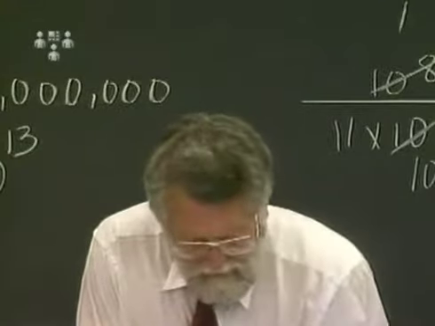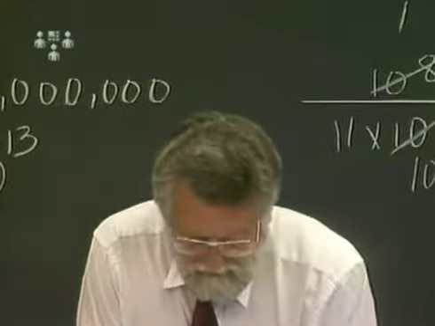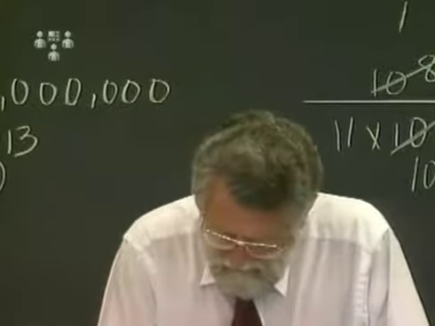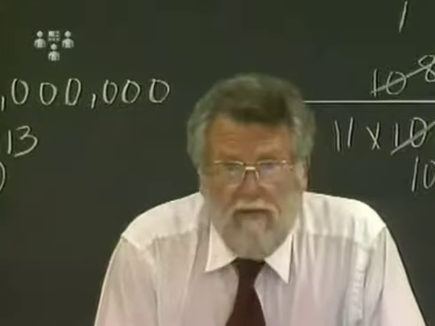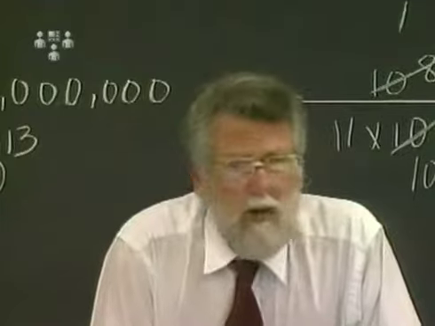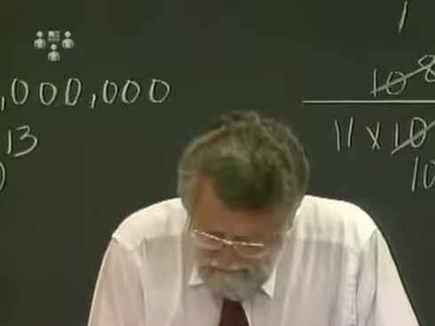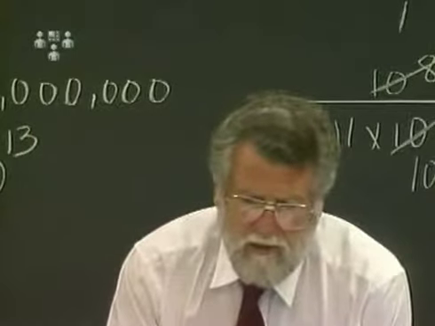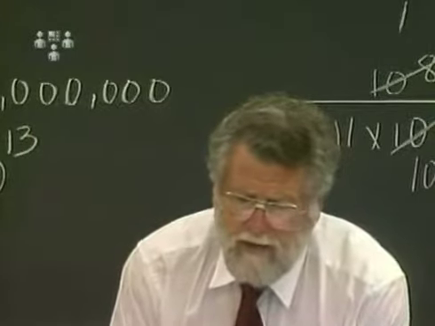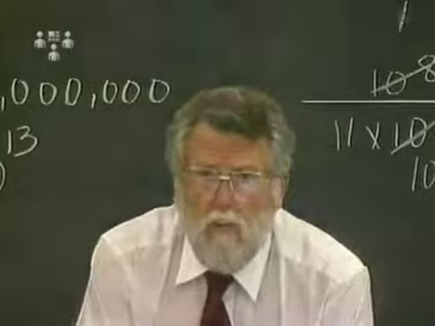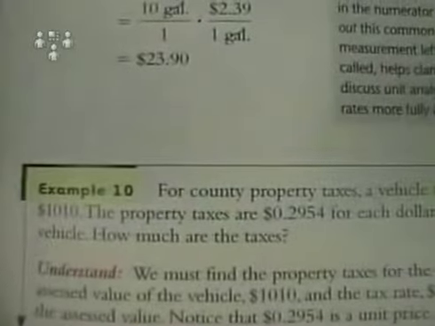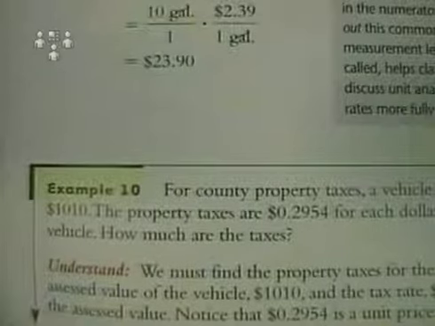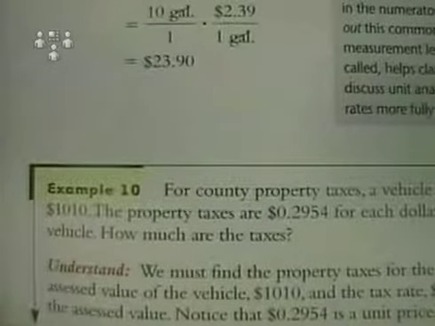435. And some of the work that's being talked about here involves the language of taxes and so on. If you look down at property taxes on example 10, I'm not going to do much with these as far as our homework, because I'd like to focus on just the skills and the drill for the moment in this particular section. But county property tax.